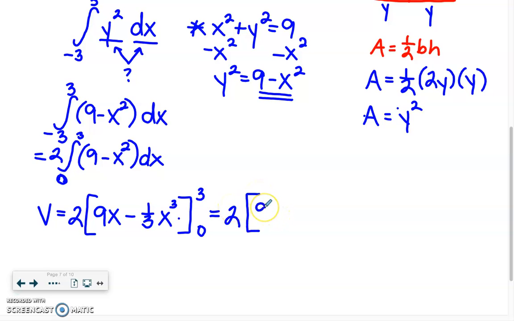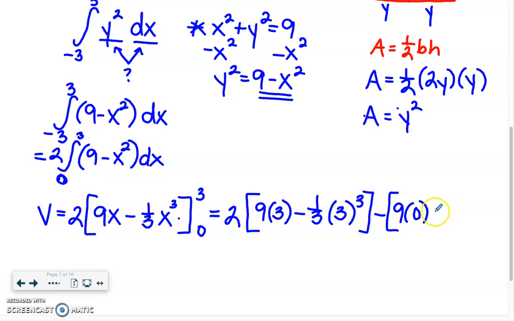So if I plug in 3, let's see, 9 times 3 minus 1/3 times 3 cubed. And then I would do that again with a 0. This whole thing would get multiplied by 2.